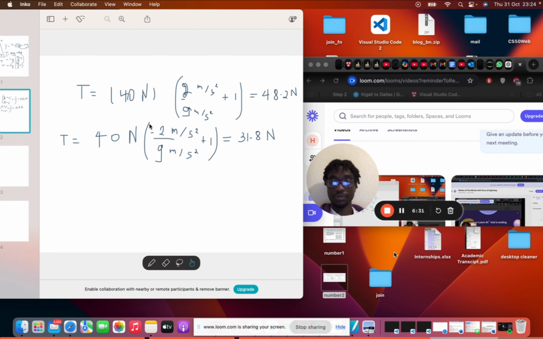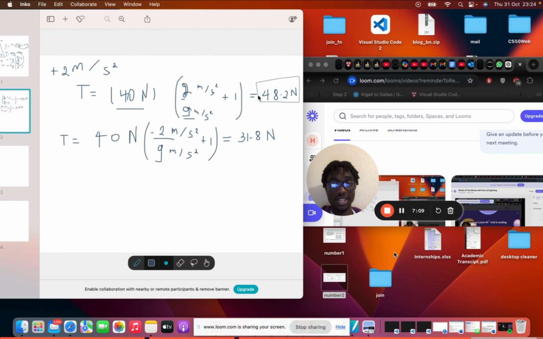The tension is equal to 40 newtons times (the acceleration over g plus 1). We're going to start with positive 2 meters per second squared, which means our elevator is moving upwards with an acceleration of 2 meters per second squared. Our gravitation doesn't change, it's still g, 9.81. So it will be 2 over 9.81 plus 1, and we multiply this by 40 newtons.